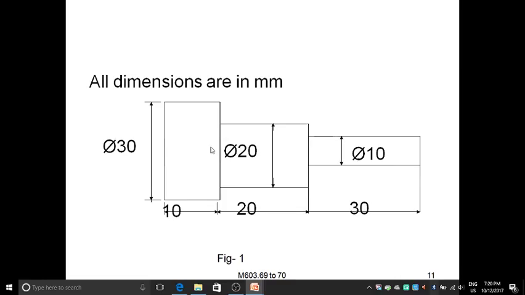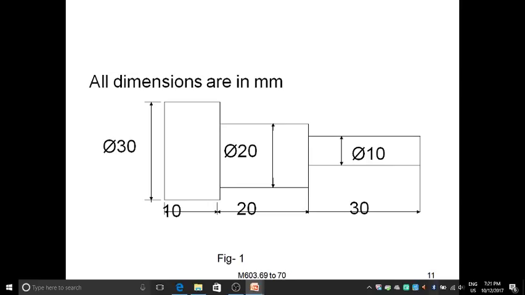If the dimensions are given in millimeters, while calculating the volume you can convert these values into centimeters. Otherwise you calculate the volume in cubic millimeters and finally convert that into cubic centimeters. You should be careful with the units.